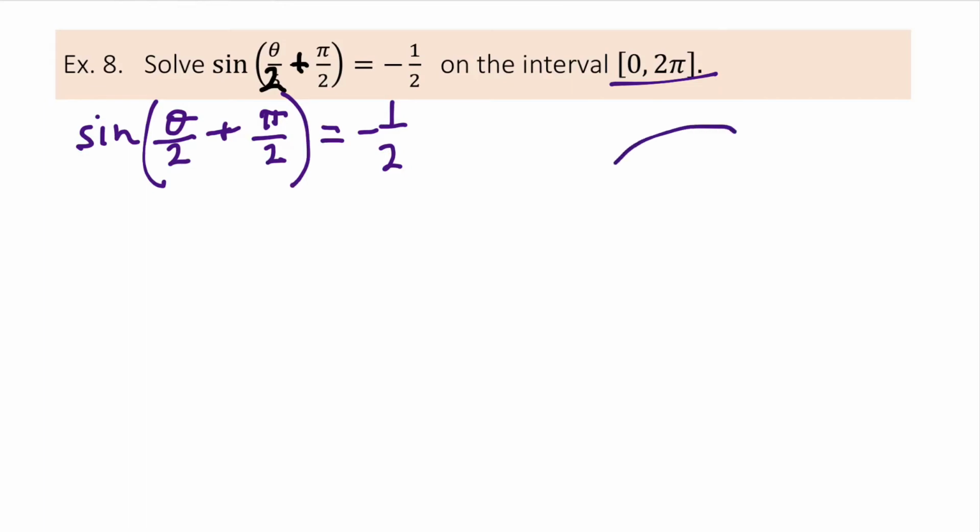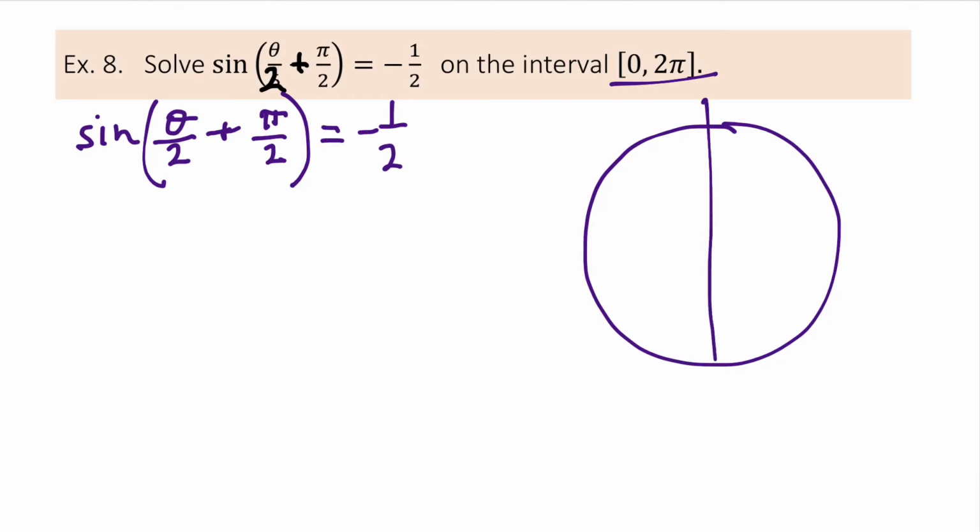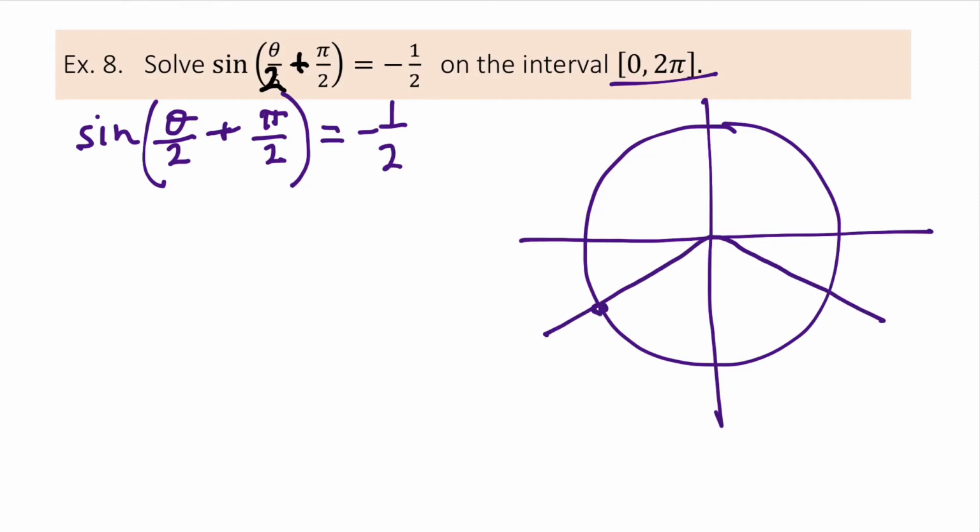So if we draw our circle, we know that the sine is negative 1/2 in the fourth quadrant and the third quadrant, where these two angles would be 7 pi over 6 and 11 pi over 6, which you can verify in your unit circle. So we know that those angles exist between 0 and 2 pi.